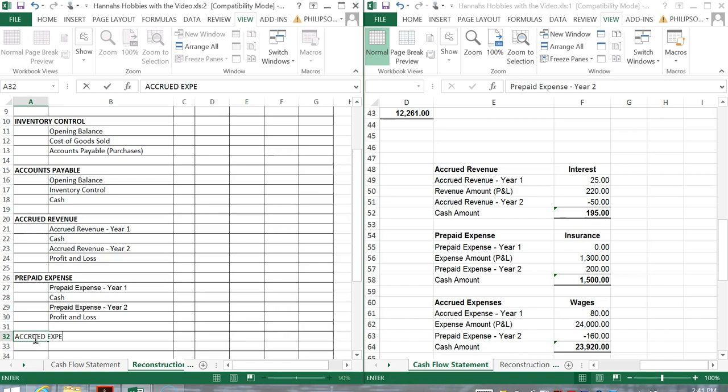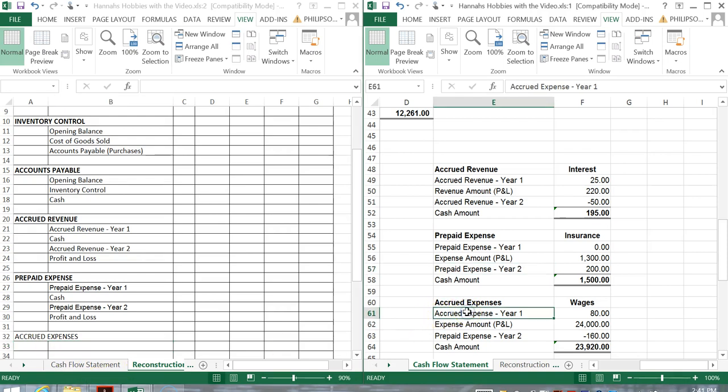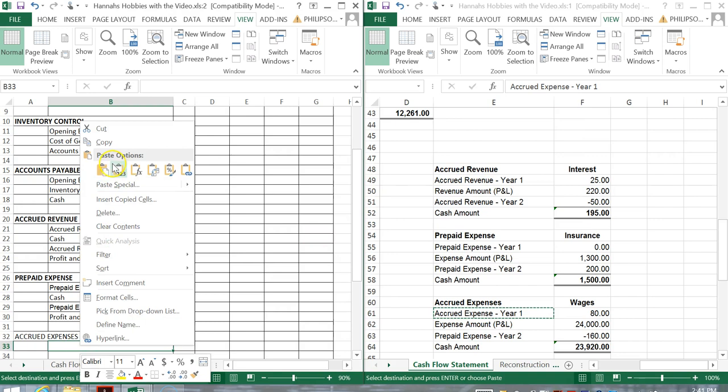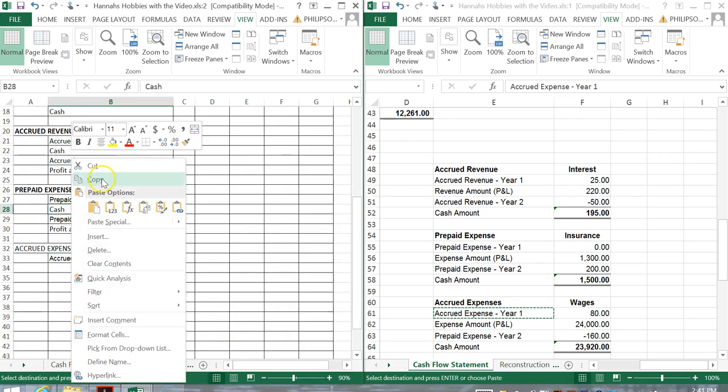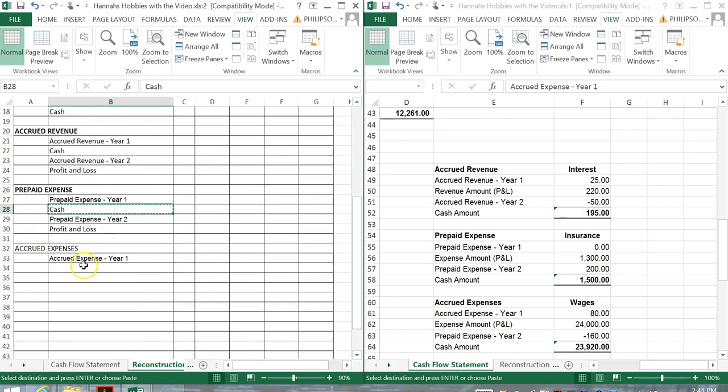Last one, accrued expenses. So we can go accrued expense year 1, copy, paste. Oh, sorry, I made a little boo-boo there.